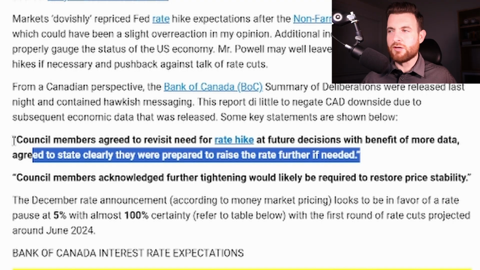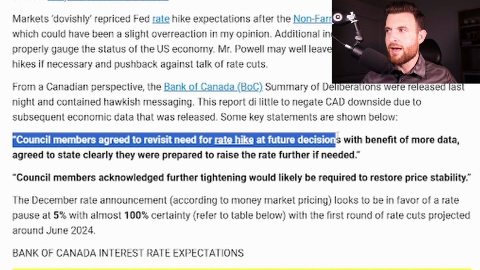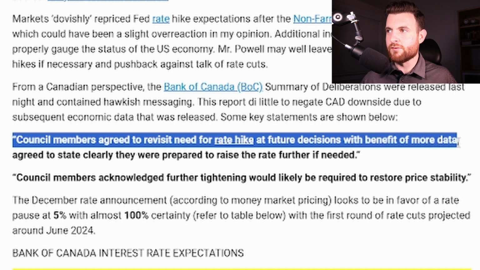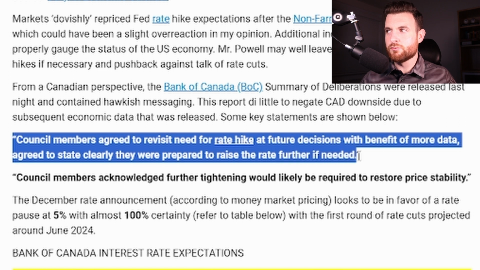Now, on the Canadian side, we read a little bit of similar messaging we also heard from Tiff Macklem lately, and we can read here the council members agreed to revisit the need for a rate hike at future decisions with the benefit of more data, and they agreed to state clearly that they were prepared to raise rates if required. Now, it's almost the same verbiage that we heard from Jerome, but there's a different situation happening here in Canada in the sense that we are 1 quarter away from a technical recession.